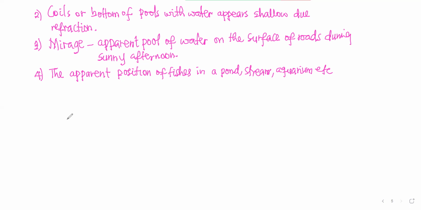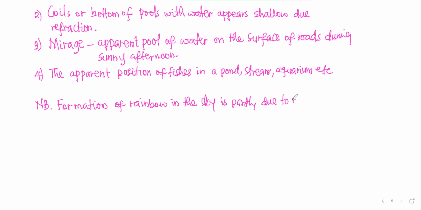Note that the formation of a rainbow in the sky is partly due to reflection of light and refraction of light.